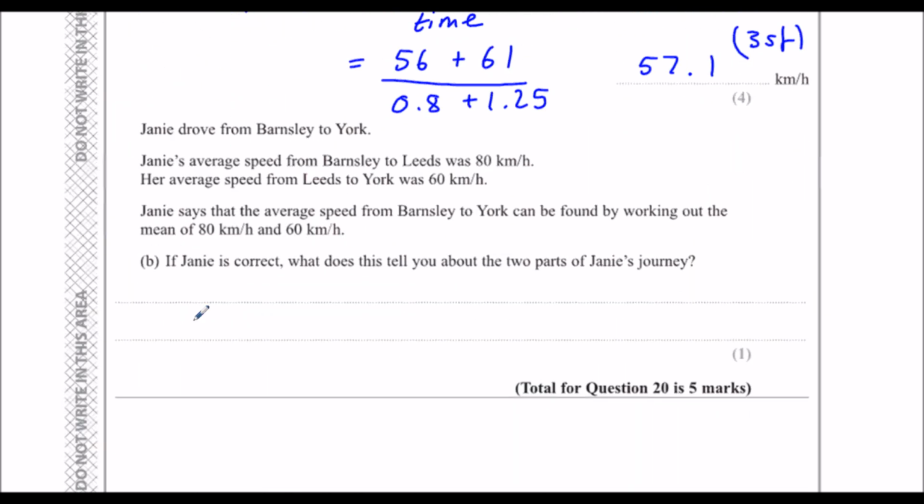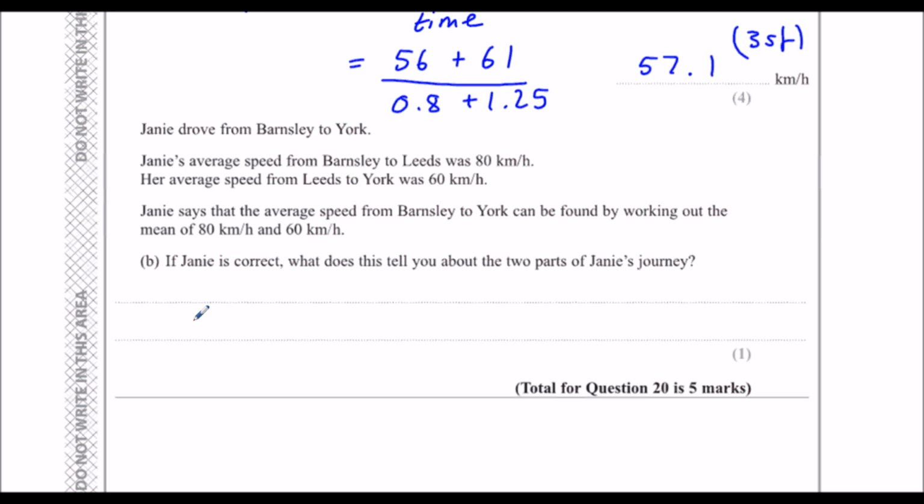Okay, Janie drove from Barnsley to York. Janie's average speed from Barnsley to York was 80 kilometers per hour. Her average speed from Leeds to York was 60 kilometers per hour. Janie says the average speed from Barnsley to York can be found by working out the mean average of 80 kilometers per hour and 60 kilometers per hour.